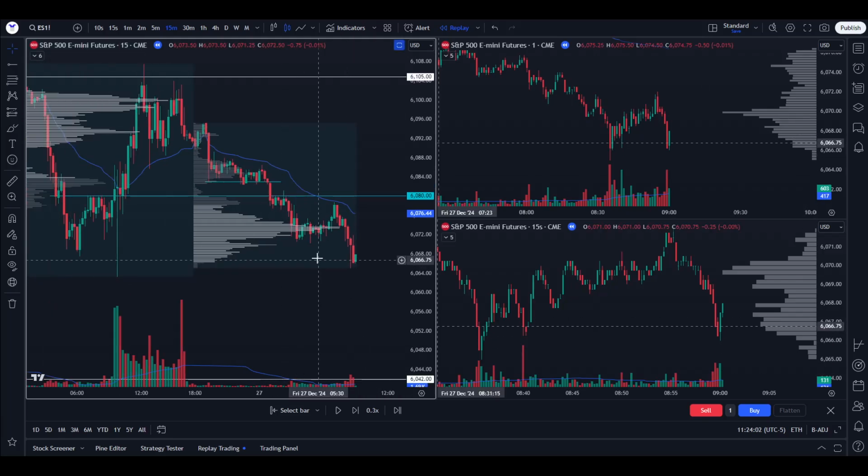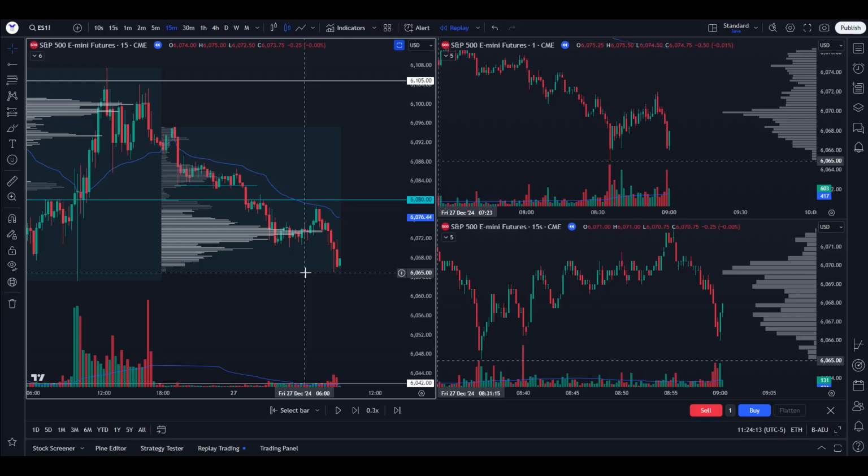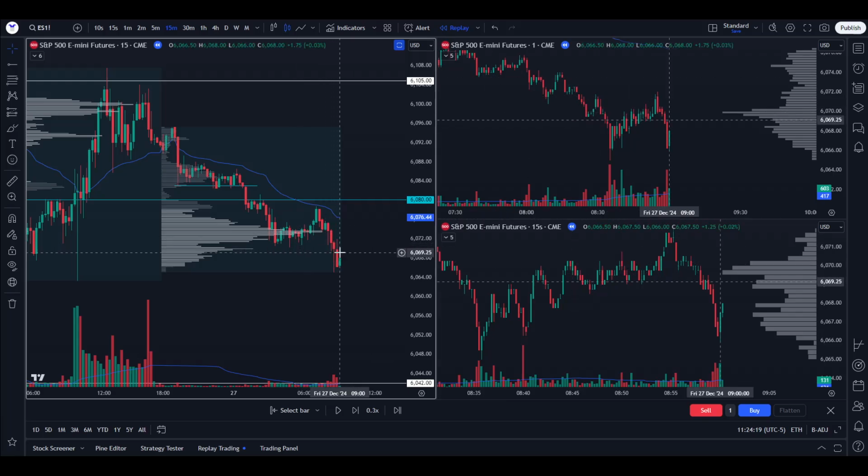Yeah, the more you look at it, you'll notice the interplay between time frames, volume profile, and just regular volume. I think a lot of people underestimate how powerful plain old regular volume is, especially on lower time frames.